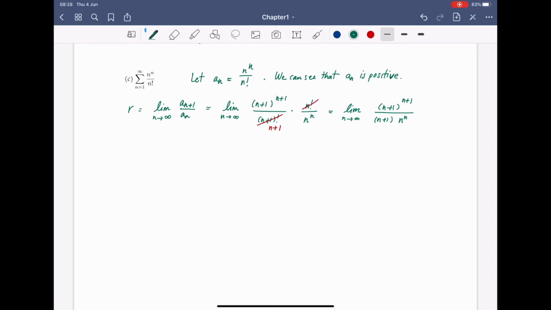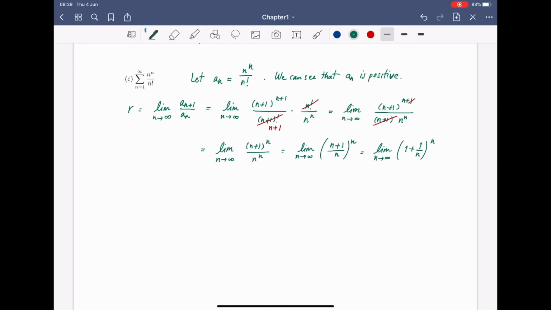And then next I'm gonna do more cancellation. So n plus 1 is gonna cancel one time with this thing. So what I have left is limit of n plus 1 to the n over n to the n when n goes to infinity. And then after that, I have limit as n goes to infinity of n plus 1 over n, to the n, right? And that is limit of 1 plus 1 over n to the n when n goes to infinity.